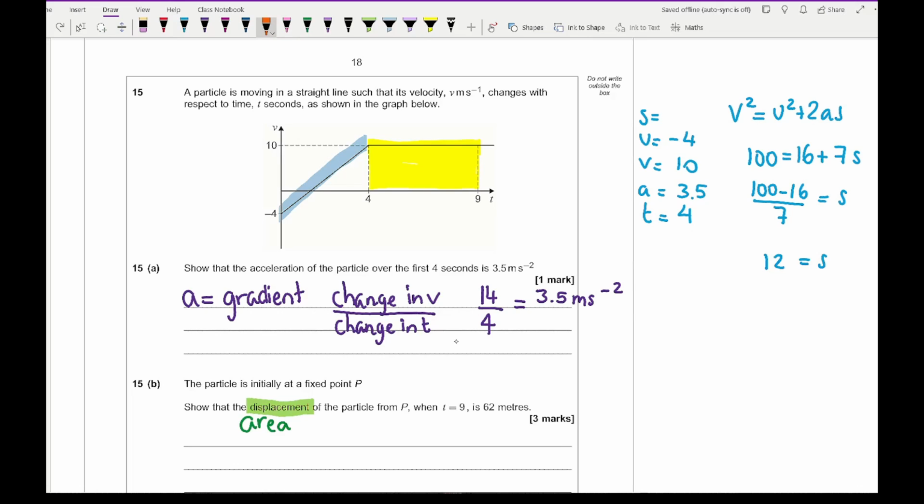So instead, let's just find the area of the rectangle. The area of the rectangle is 5 times 10, which is 50, and that would be 50 meters. Bringing both parts together, we have the displacement of 12 meters plus the displacement of 50 meters, which gives a total of 62, which we were trying to prove.